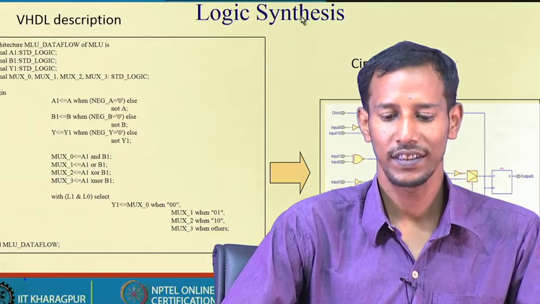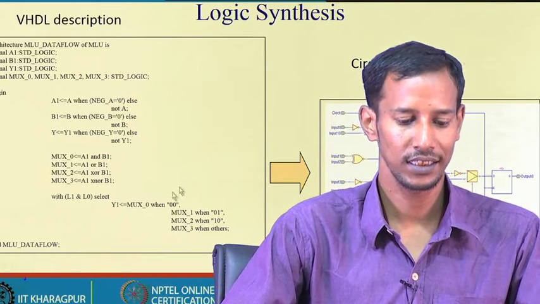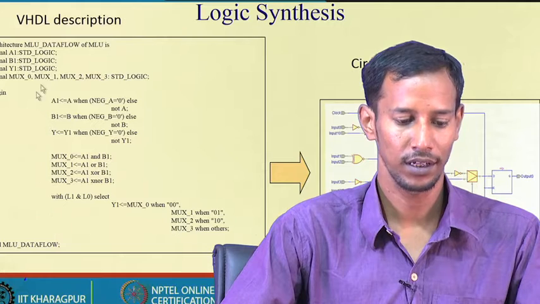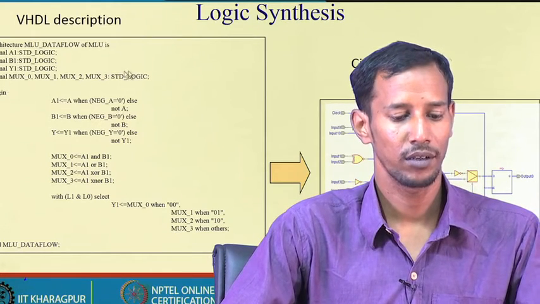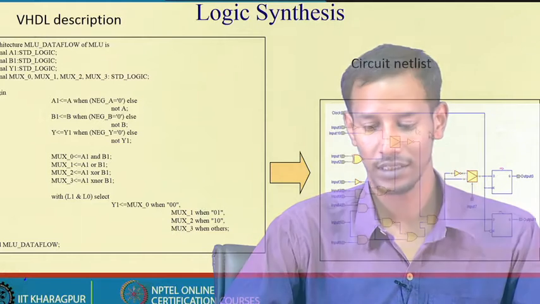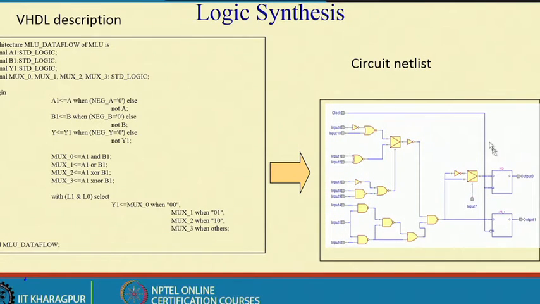So, logic synthesis is this: here is the VHDL code, the logical expression which I have written using the VHDL language, and this is the corresponding gate level netlist, the circuit level implementation of the circuit which I described using VHDL.